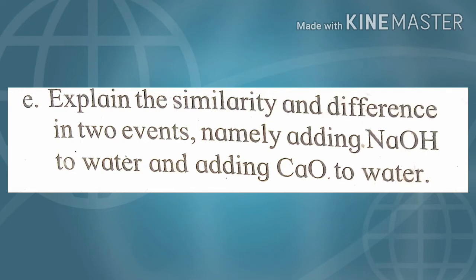Similarity is both the reactions are exothermic. Differences: NaOH solution is strong alkali. On the other hand, Ca(OH)2 is considered as weak alkali. Similarly, NaOH is monoacidic base but CaO is diacidic base.